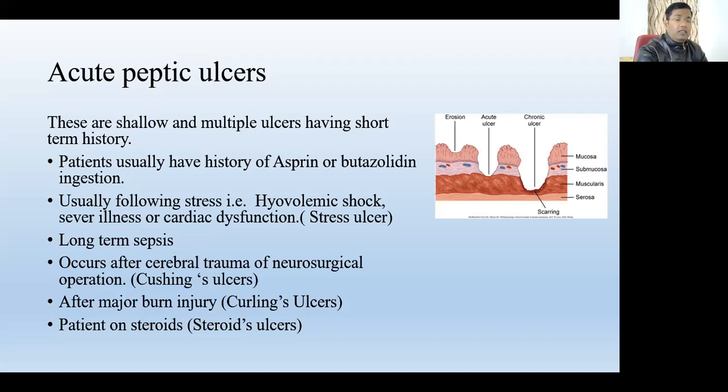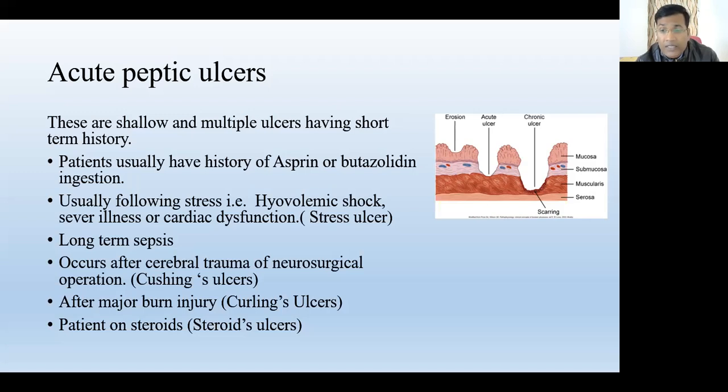Besides these drugs, patients who recently had hypovolemic shock may develop them. The hypovolemic shock may be due to severe injury or other particular conditions, such as a patient suffering a large-area third-degree burn, going into hypovolemic shock for a longer period.